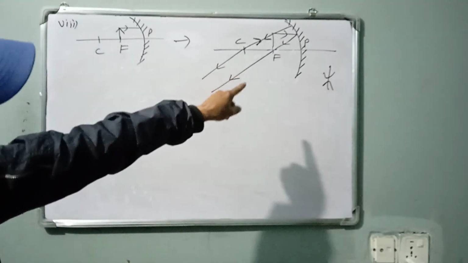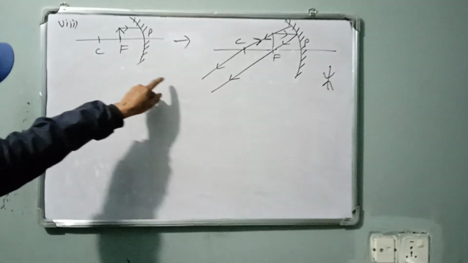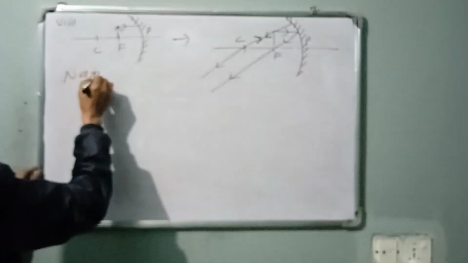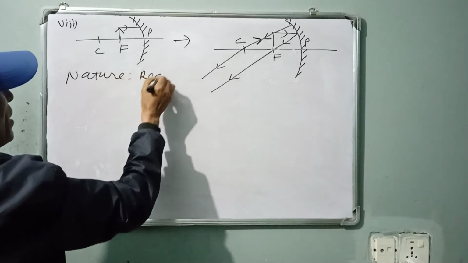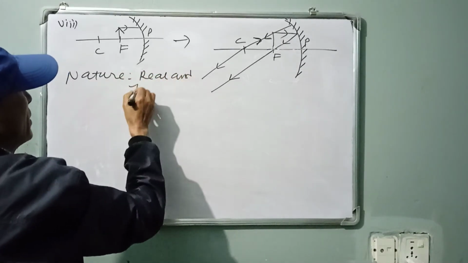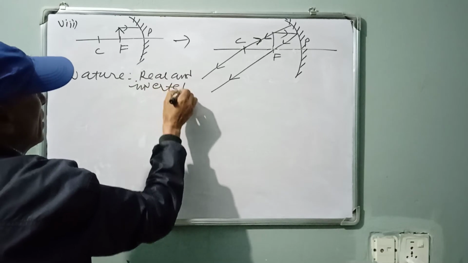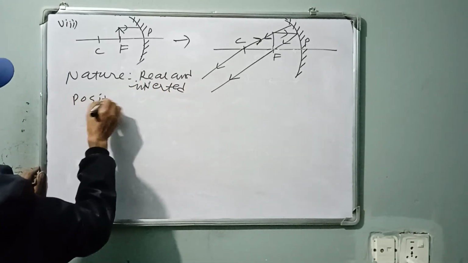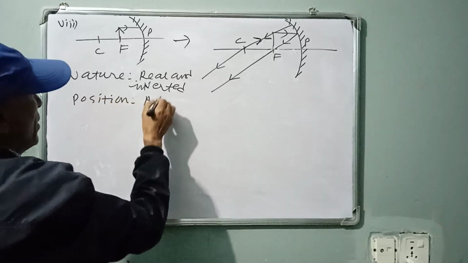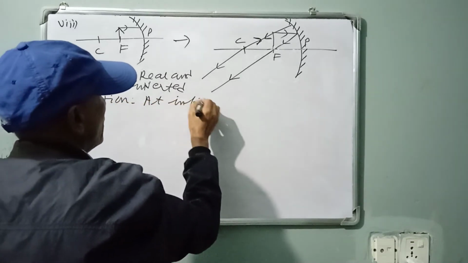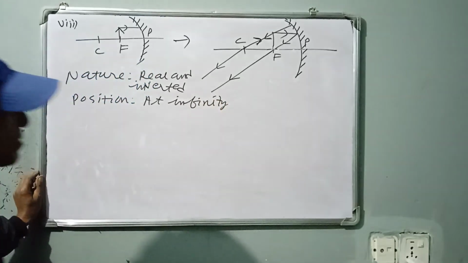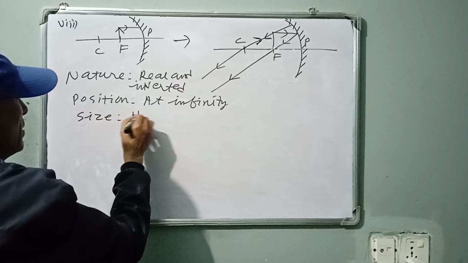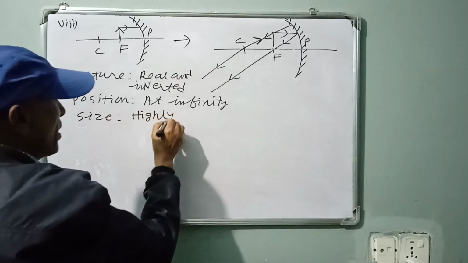The rays don't meet each other, but then how is the image formed? See, nature of the image is real and inverted. Position at infinity on the same side. Size of the image is highly magnified.